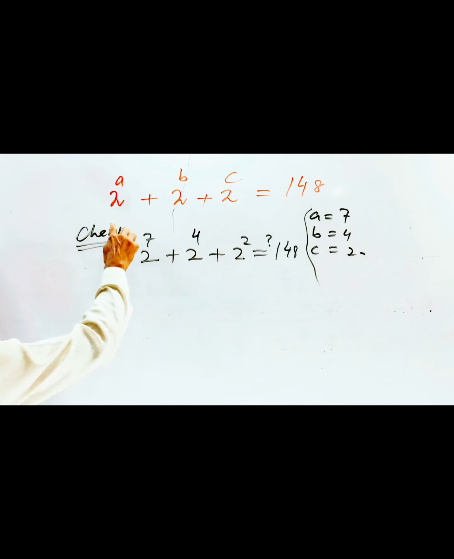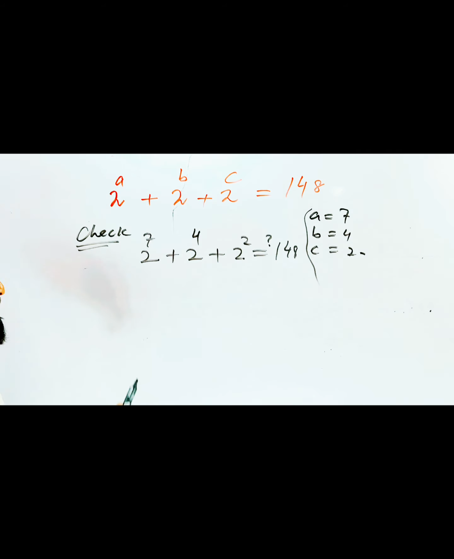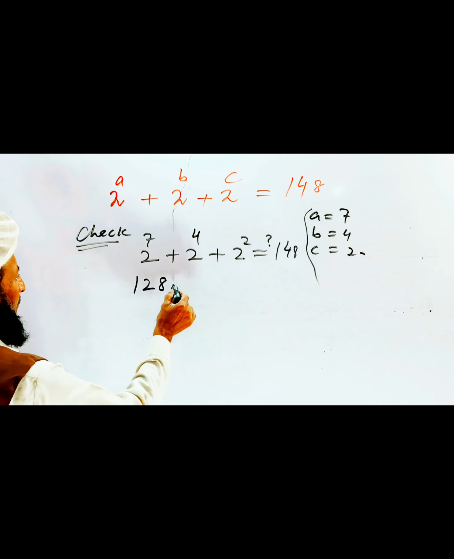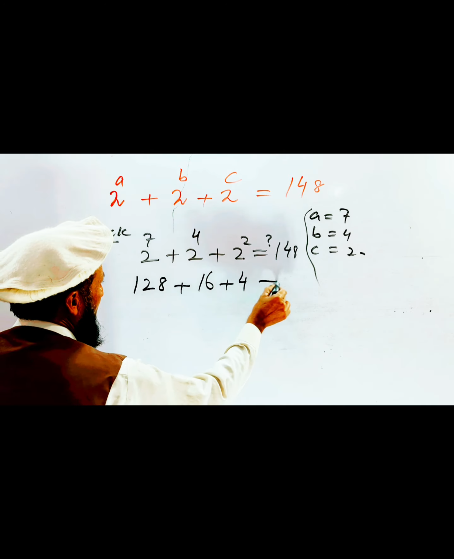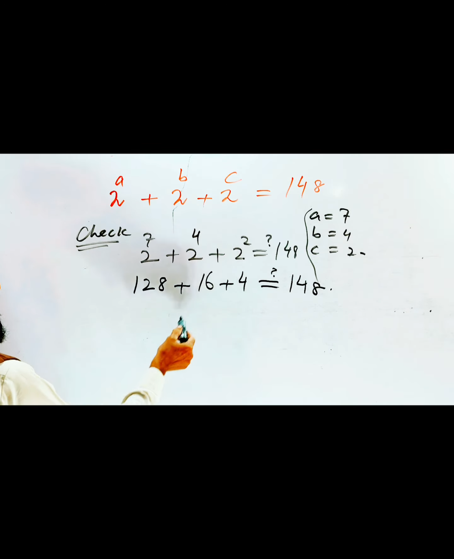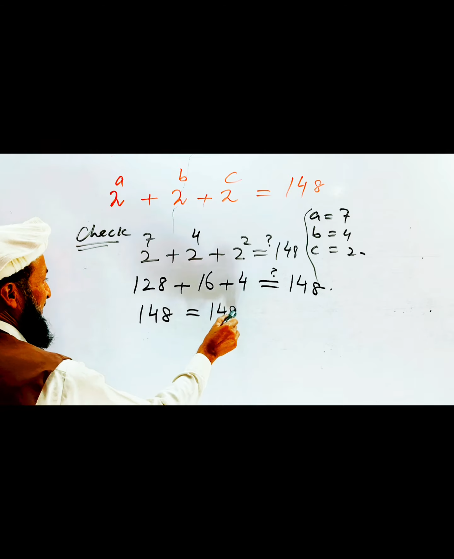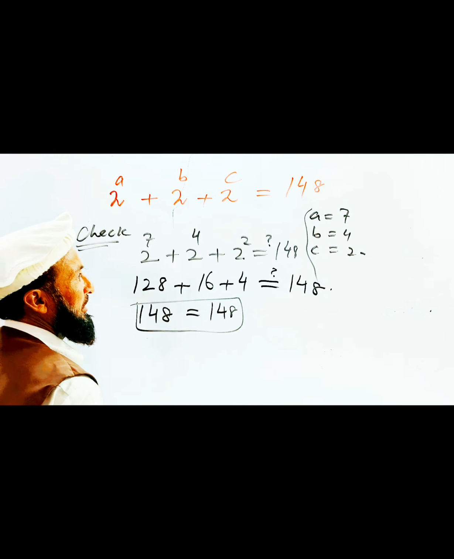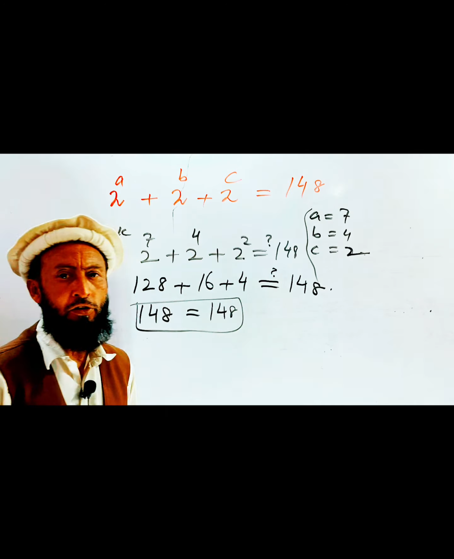So we get 2 exponent of 7 is 128, plus 2 exponent of 4 is 16, plus 4, is it 148? Now 128 plus 16 plus 4 is 148, which equals 148. So our solution is correct. a is equal to 7, b is equal to 4 and c is equal to 2 is our solution.